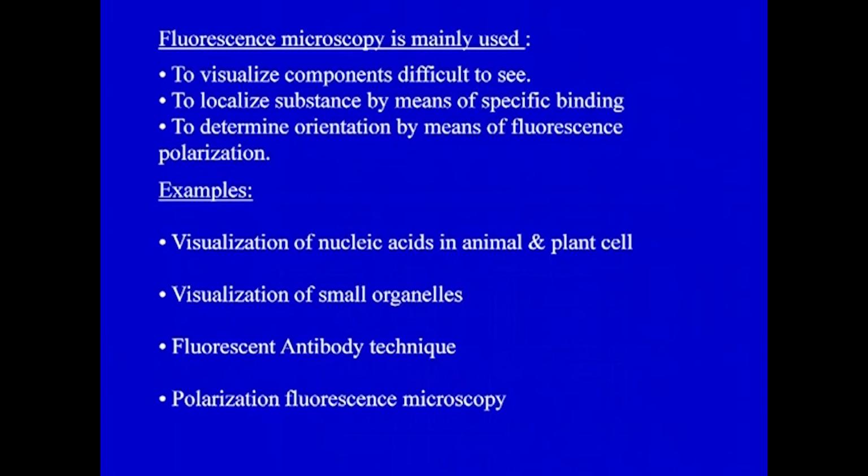Let us discuss some of the important applications of this particular technique. What is fluorescence microscopy mainly used for? One is to visualize components which are difficult to see, then to localize substances by means of specific binding, and to determine orientation by means of fluorescence polarization.